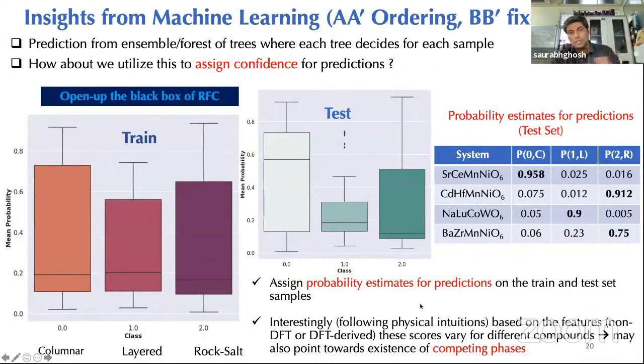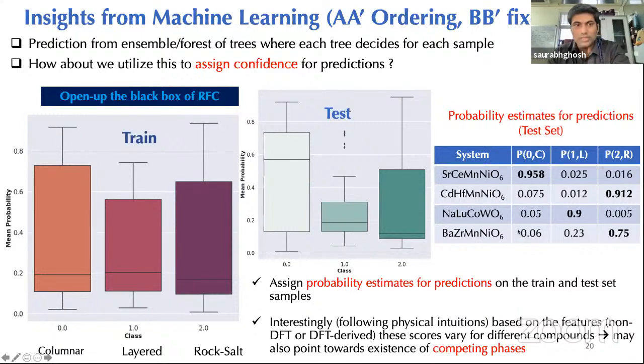What we came out with is basically a quantification of the ordering. Just take one example, this particular one, strontium, cerium, manganese, nickel, O6, and here these three values we assigned a probability to. The probability for columnar ordering is 0.5, and if you sum the probabilities of 0, 1, and 2, then it will be 1.